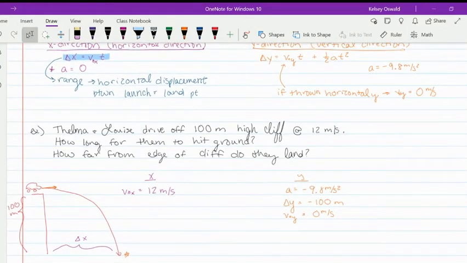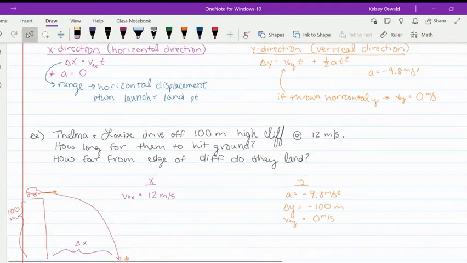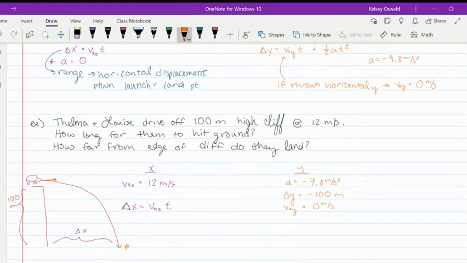If we go back and look at our equations, horizontally, we have the equation delta x, the horizontal range, is equal to initial velocity times time. Since we only know one variable looking at the x direction, we don't have enough information to use that equation just yet. So let's look at our equation in the vertical direction.